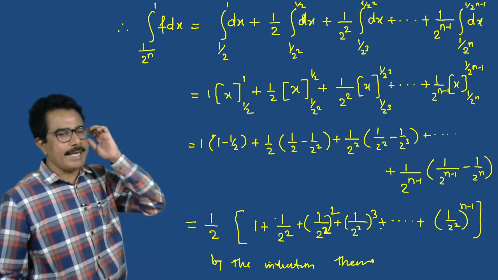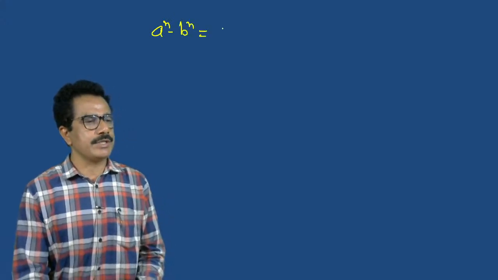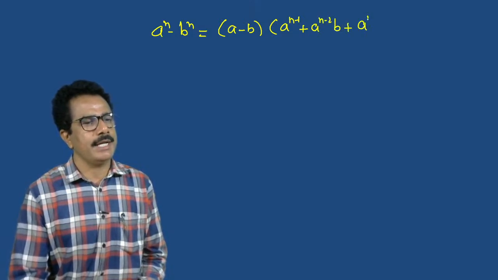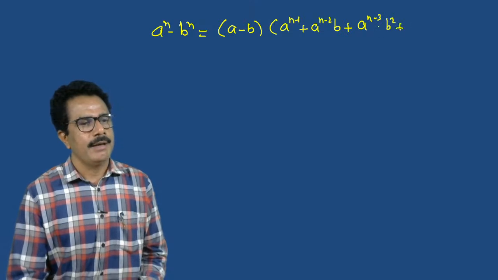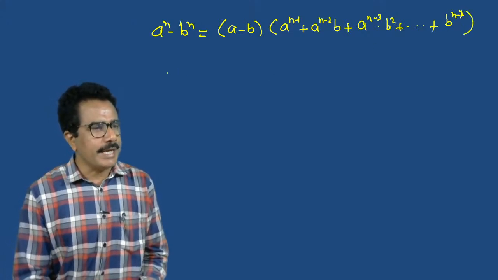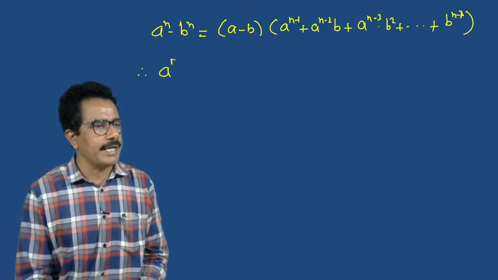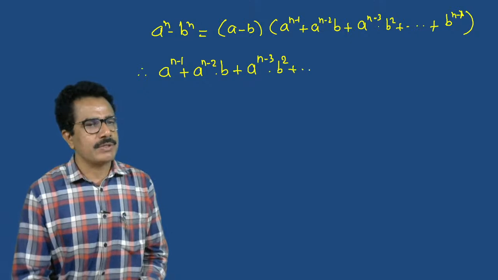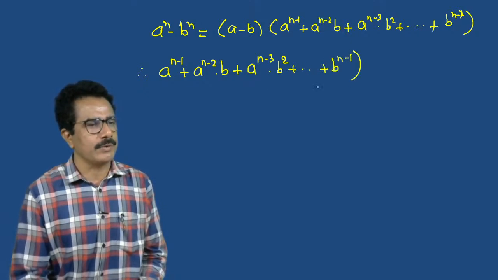Solve this a bit yourself. In this method there is a formula, see, I will write the formula here for you. See this: a raised to n minus b raised to n is equal to a minus b into a raised to n minus 1 plus a raised to n minus 2 b plus a raised to n minus 3 into b squared plus dot dot dot plus b raised to n minus 1. So this can be written as a raised to n minus 1 plus a raised to n minus 2 into b plus a raised to n minus 3 into b squared plus dot dot dot plus b raised to n minus 1.